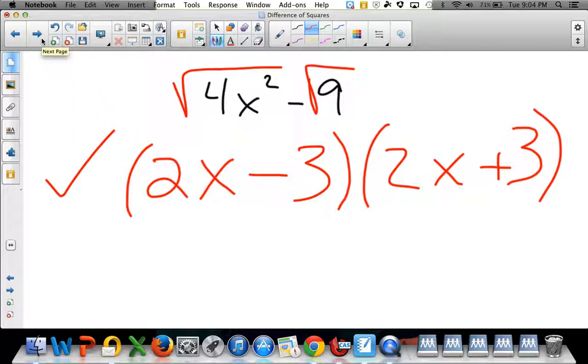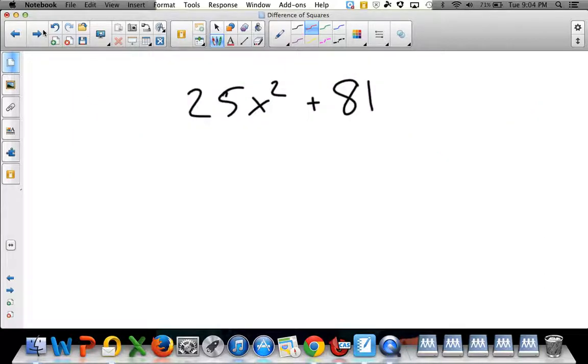Let's go to another one. Here I have 25x squared plus 81. This is not a difference of squares because I have a plus sign. So you might have one or two on your homework that look like this.